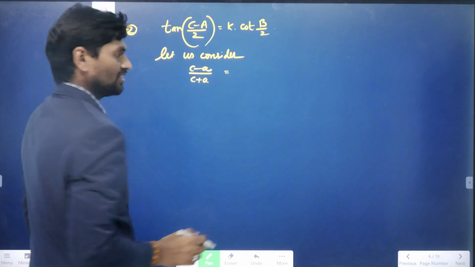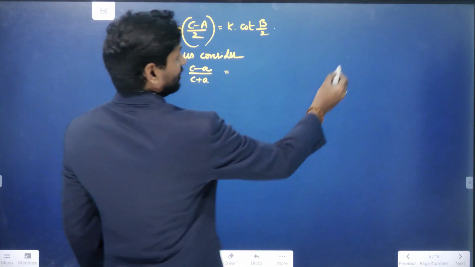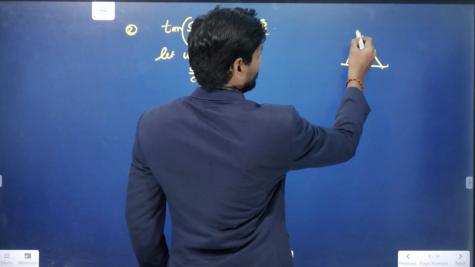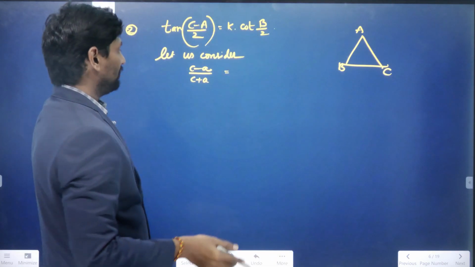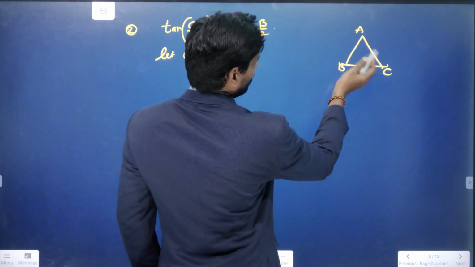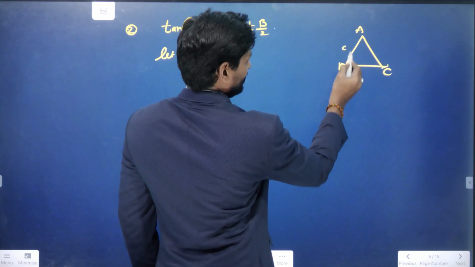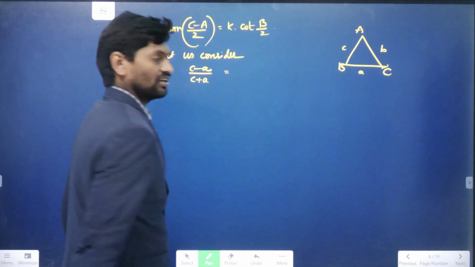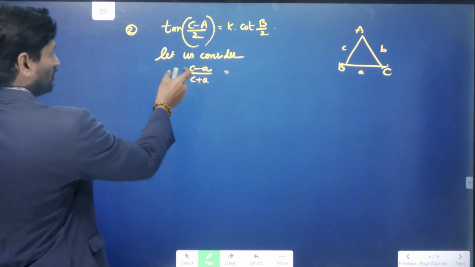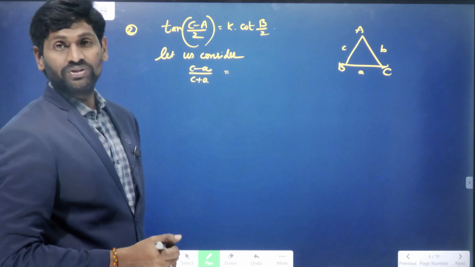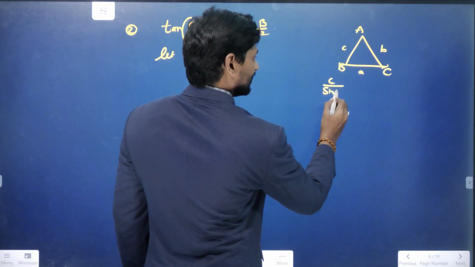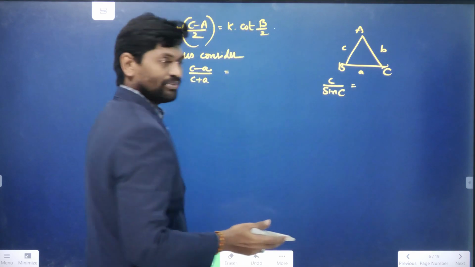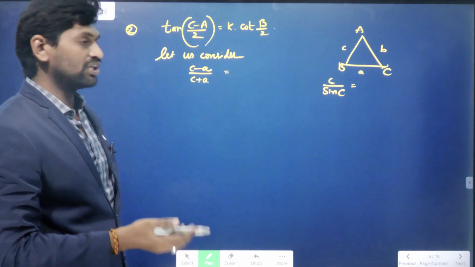According to the triangle ABC, small c is located opposite to the vertex C. By using the sine rule, how can you write? c by sin C equals a by sin A equals b by sin B equals 2R.